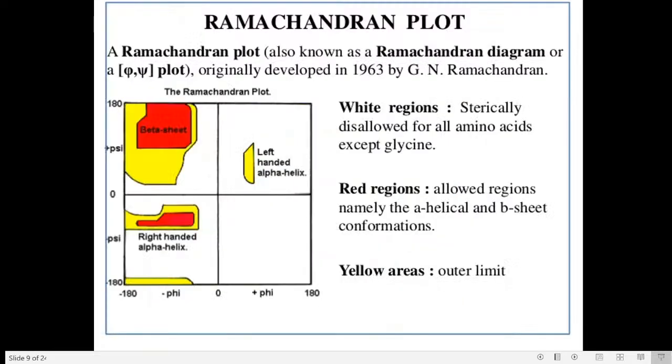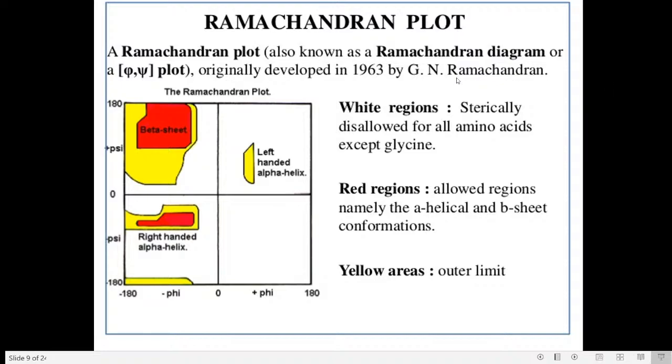A very important topic in the protein concept is the Ramachandran plot. From the exam point of view, it's very important. I included this in this class because during that class time I did not explain the Ramachandran plot concept.